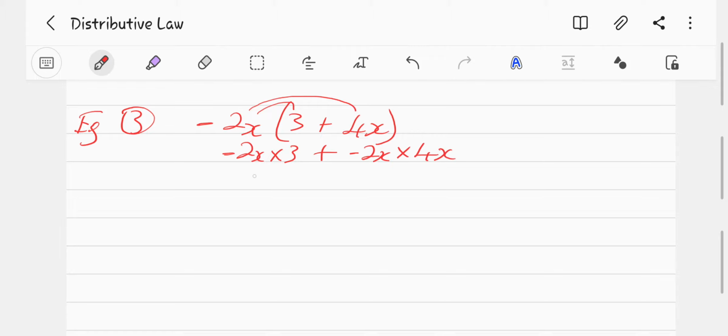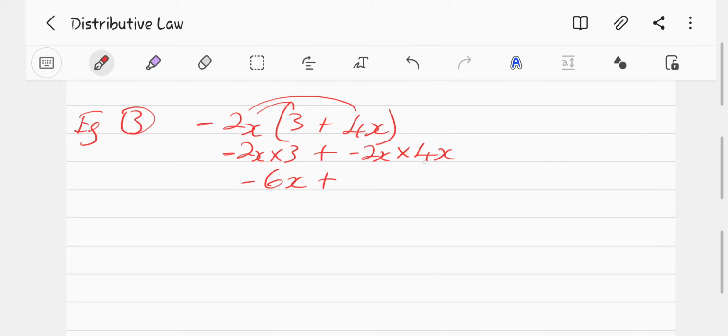So negative 2x times 3, that gives us negative 6x. And if we say we're adding, it's negative 2x times 4x.